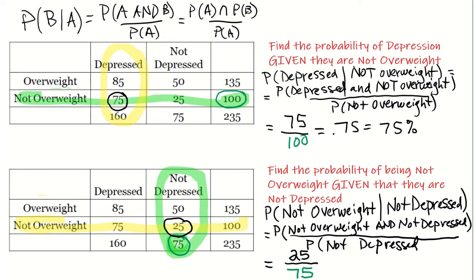So that gives me 25 divided by 75, which is 0.3333, which is 33.33%. So that tells me if someone identifies as not being depressed, there is a 33.33% chance they will also identify as not being overweight.